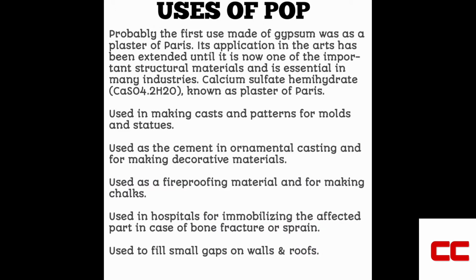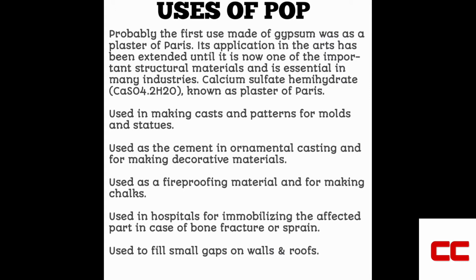Coming to the uses of plaster of Paris, if you want to read, then please pause this video. Plaster of Paris is made up of gypsum. The chemical formula of plaster of Paris is CaSO4.2H2O. CaSO4 is calcium sulfate and 2H2O is two molecules of water.